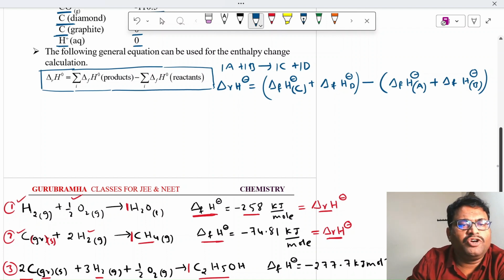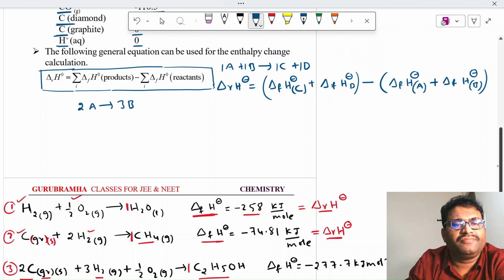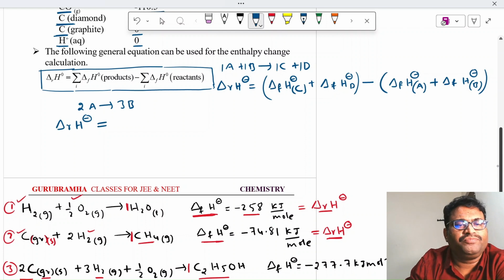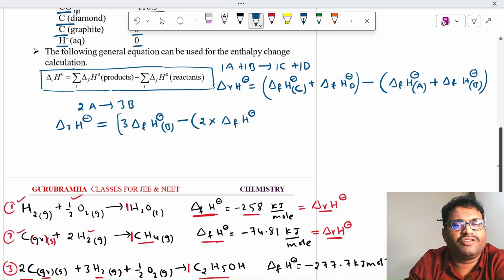But if you are given 2A gives rise to 3B, and the enthalpy of formation of A and B are given, then the standard enthalpy of reaction for this reaction can be calculated as 3 into the enthalpy of formation of B, the product, minus 2 into the standard enthalpy of formation of the reactant.